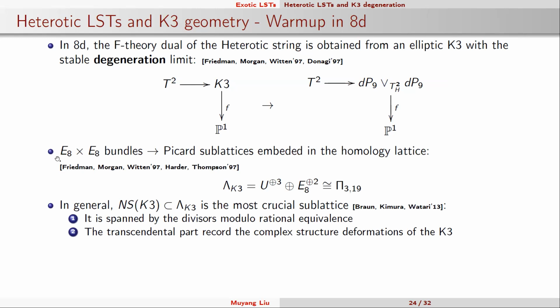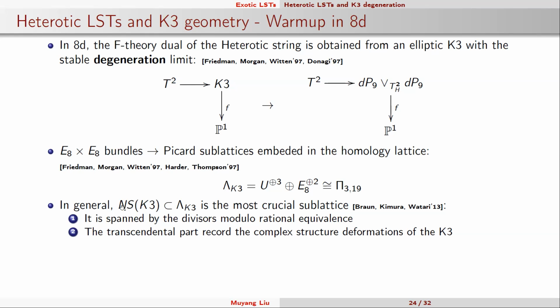And if you keep the E8 cross E8 unbroken, that is just this very trivial decomposition of the Lambda_K3. But in general, we can consider more types of decompositions. Namely, Lambda_K3 is split into two parts.